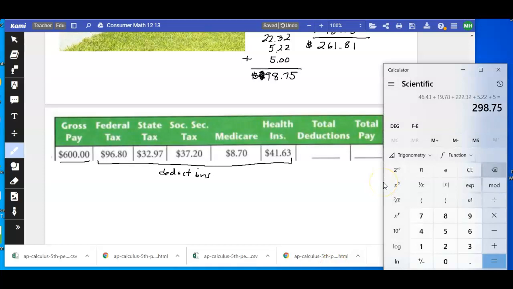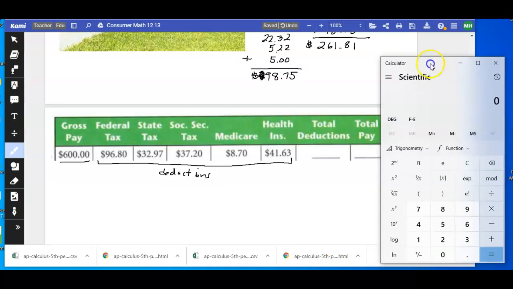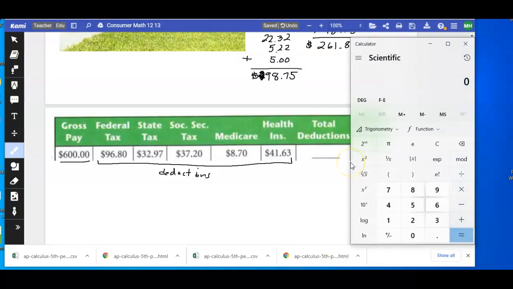Okay, so let's see here. So we have $96.80 plus $32.97 plus $37.20 plus 8.7 plus 41.63.